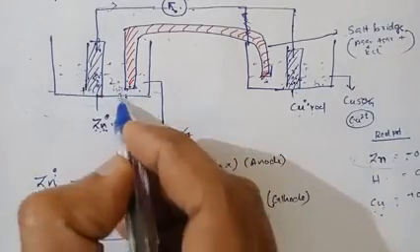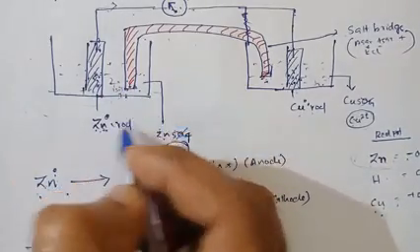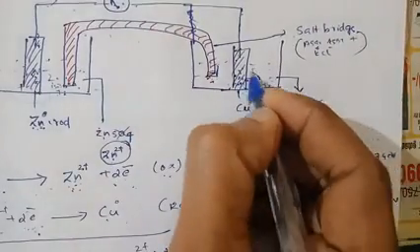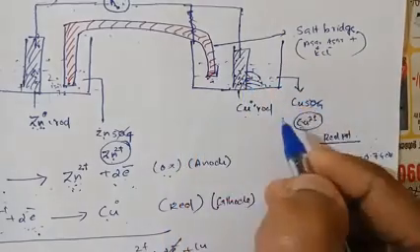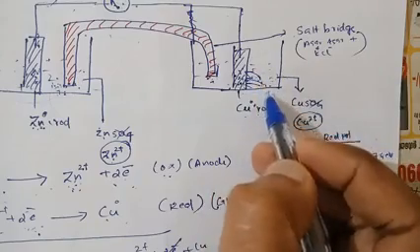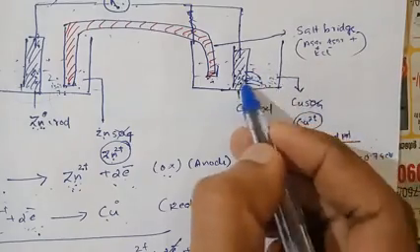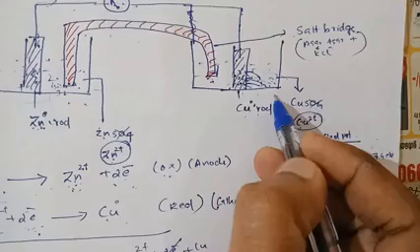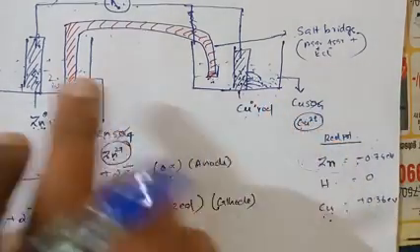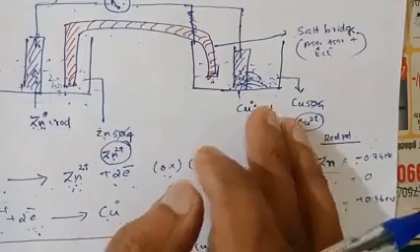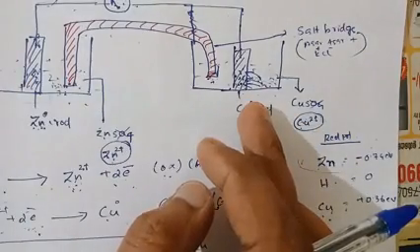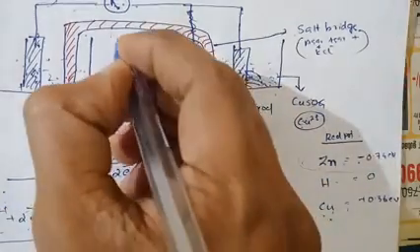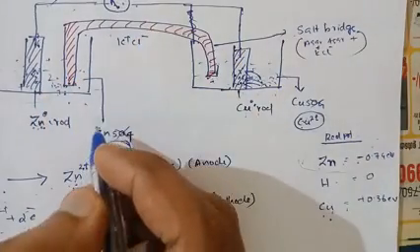So positive charge is increasing here. Now Cu2+ is converting into Cu, that means the 0 oxidation state, so positive charge decreases here. After a certain time there will be an ionic imbalance between these two cells. To balance it, we use an ionic compound. Here K+ is there, Cl- is there.